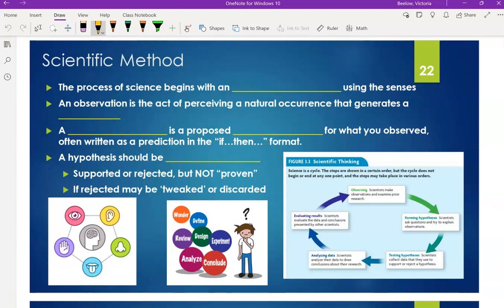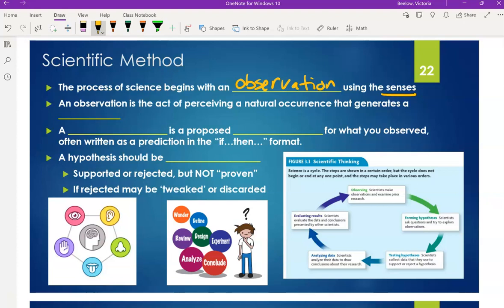Typically, not always, but most of the time, scientific method will start with an observation. With your senses, you notice something, you see something, you hear something, you smell something, okay?